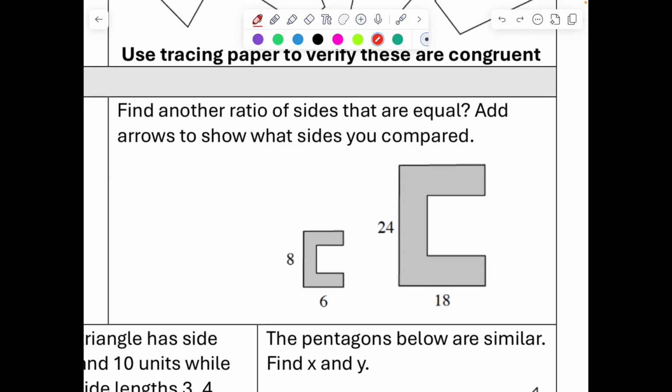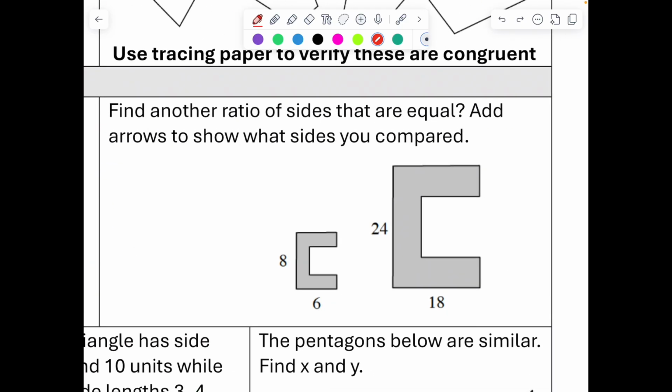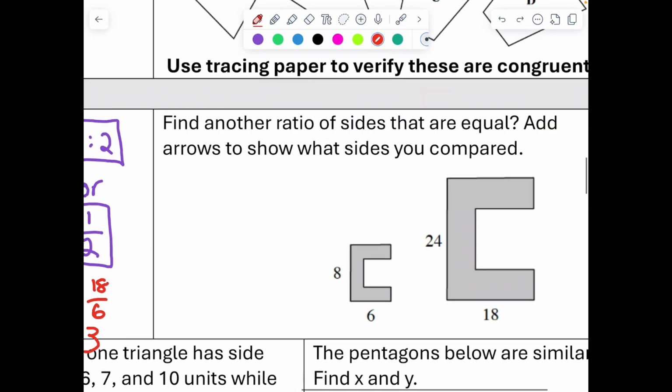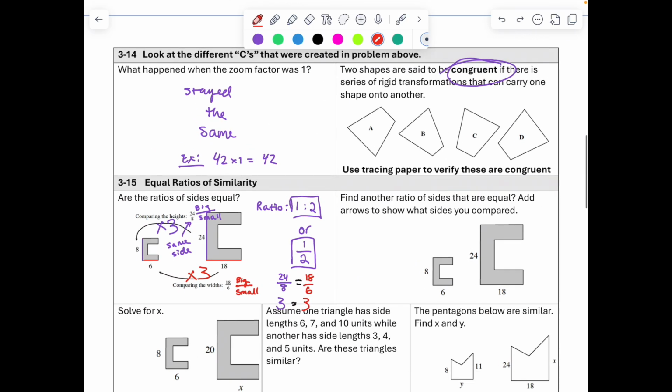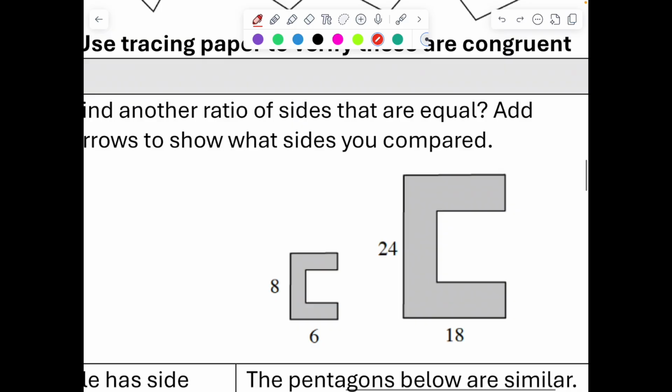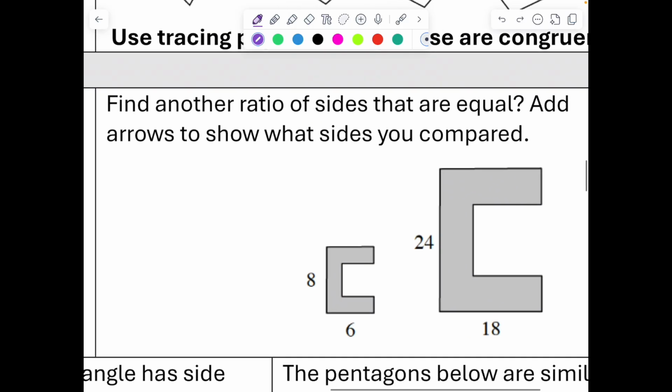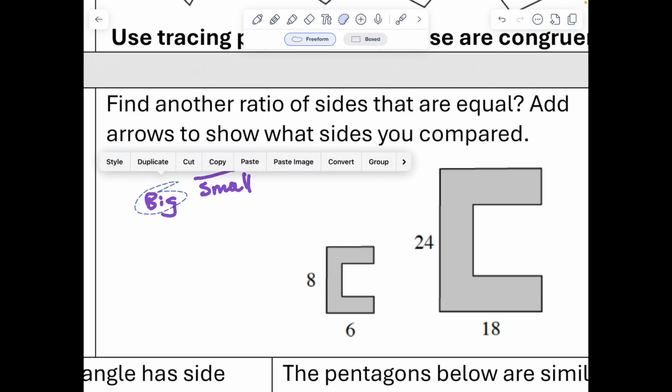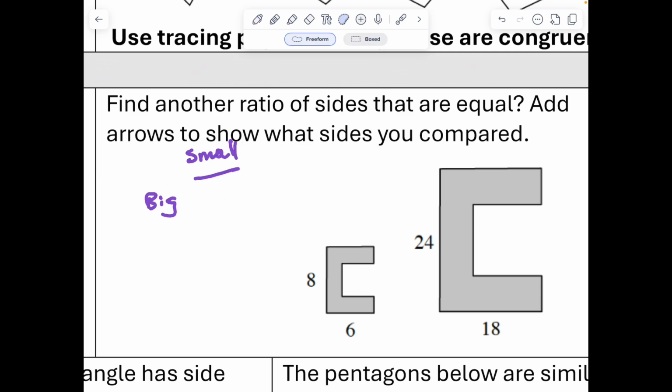So this is the same shape here, but we could set up the ratio a different way. Okay, they did big over small. What we could also do is keep the ratio within the same shape. Instead of big over small, we could switch those around and do the ratio of sides with the small one on top and the big one on bottom.